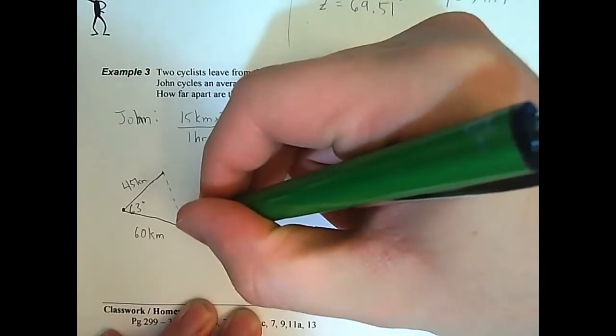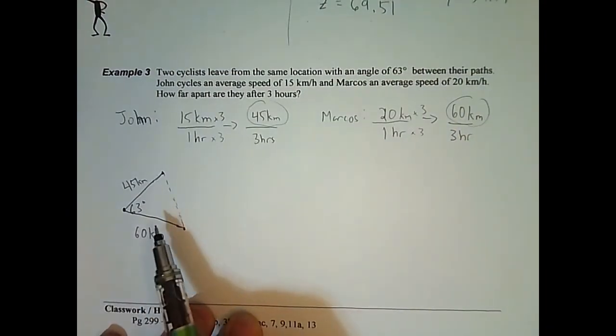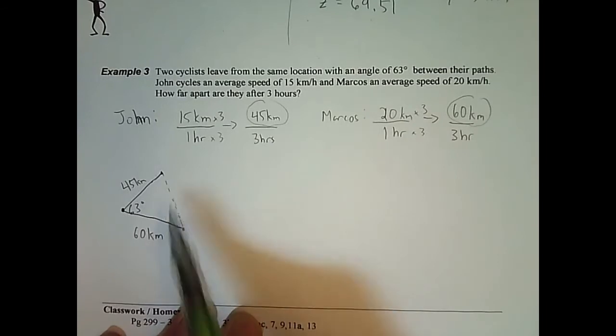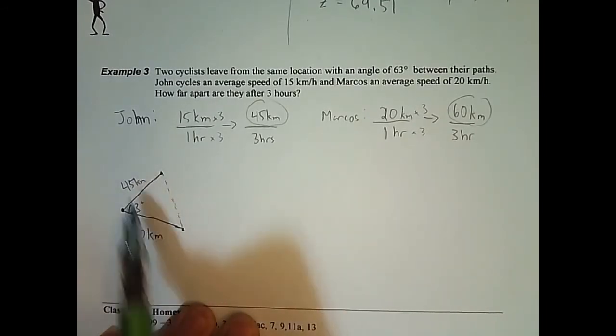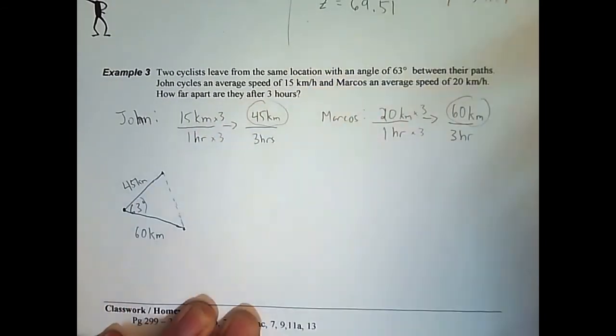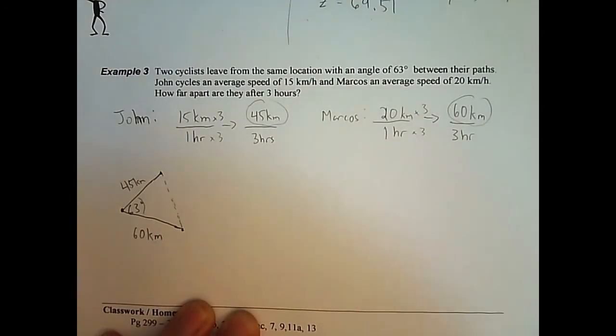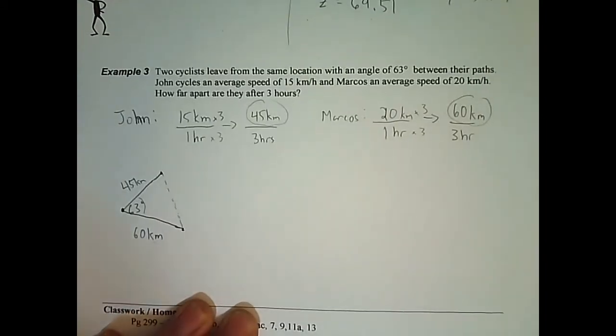Well, by me drawing this dotted line here, hopefully we can see that we have a triangle. So I can figure out the distance between them by using cosine law, because I have two sides and the contained angle, that's the angle in between these two sides. So we're just going to use cosine law here. Let's actually just make up some letters.